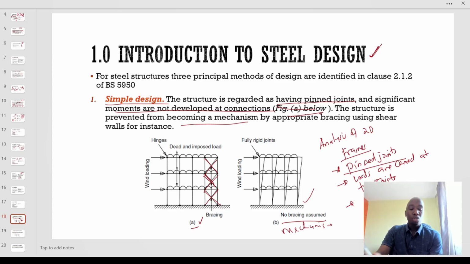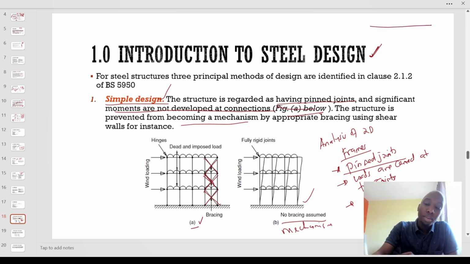Okay. So we are saying that this is the first methodology of designing. Simple design is regarded as having pin joints. It's important for you to know what we mean by that. Okay, pin joint.